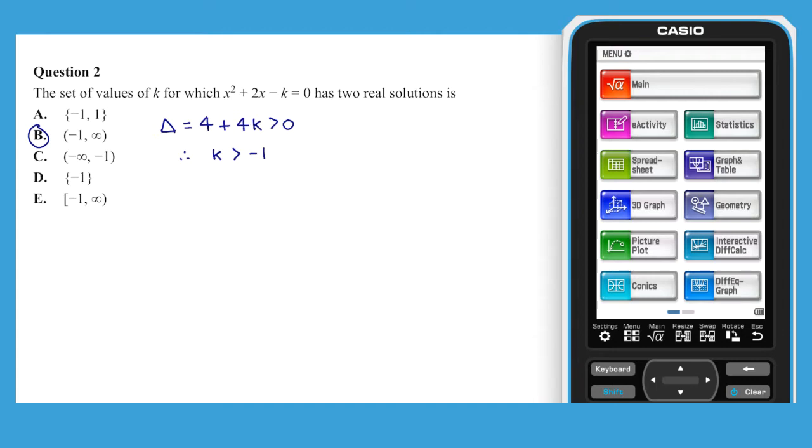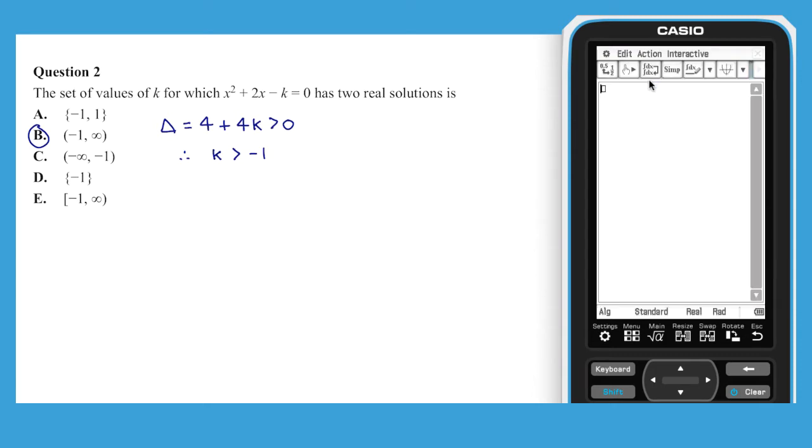An alternative approach to this question that does not focus on the discriminant is to think about the solutions to this equation as they're provided by our ClassPad. These solutions can be found by entering this equation into the ClassPad's main app and applying the solve command from the interactive menu.